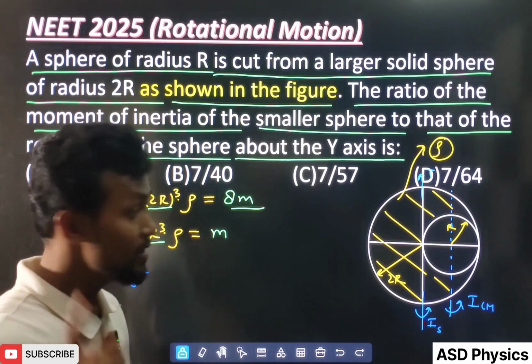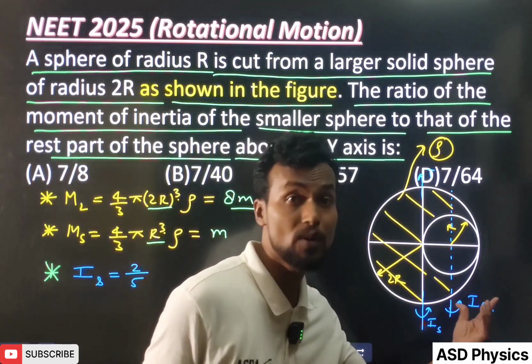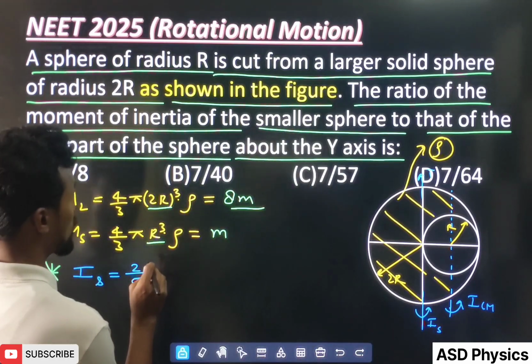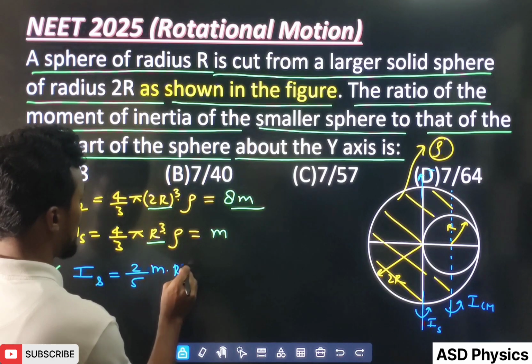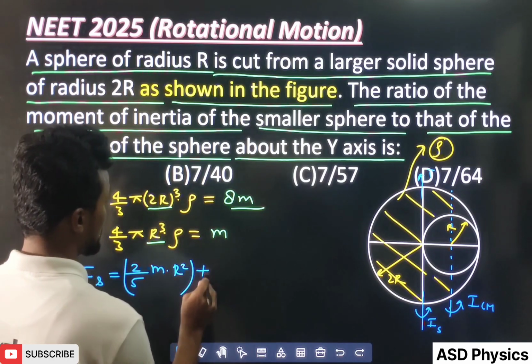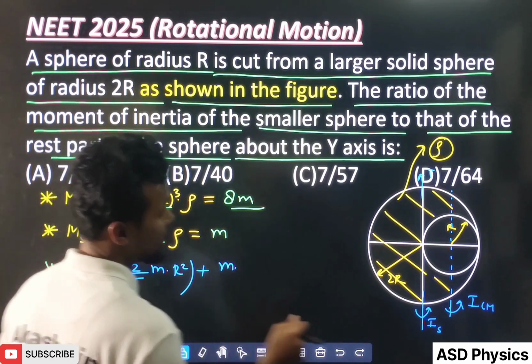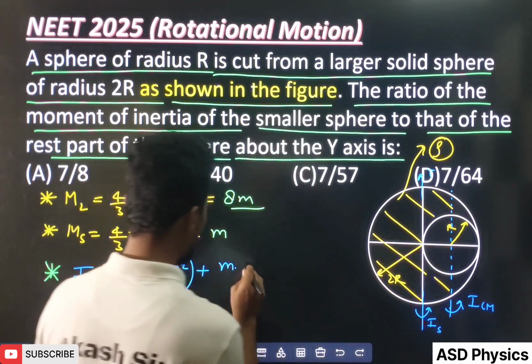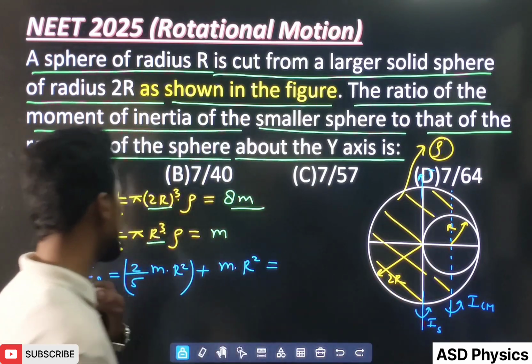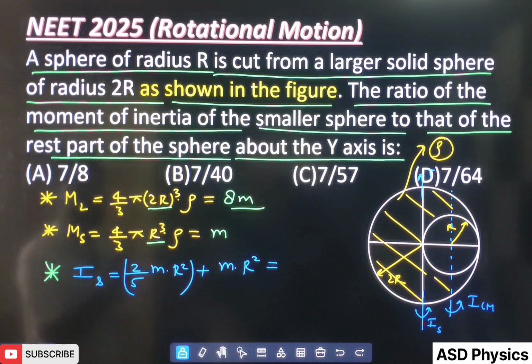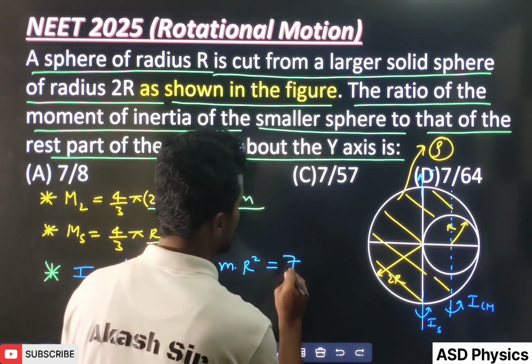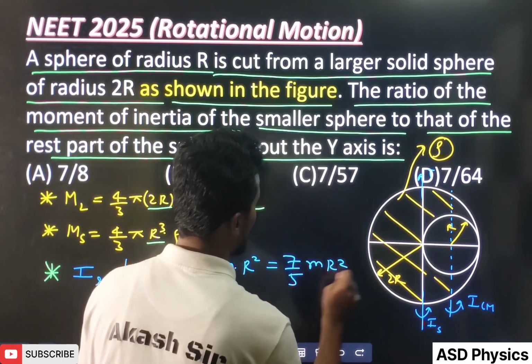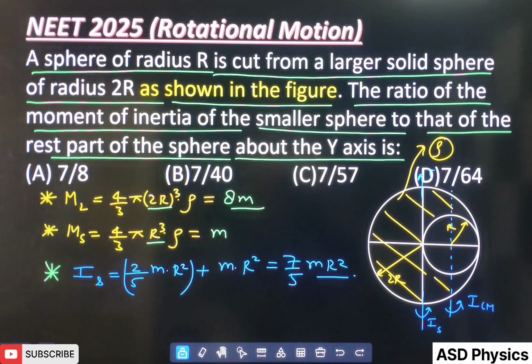About the center of mass it is 2 by 5 m r square, plus mass m into the distance, which is r here. So mr square. So 2 by 5 mr square plus mr square becomes 7 by 5 mr square, about the y-axis.